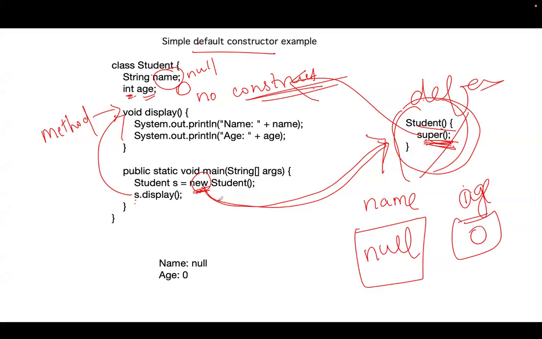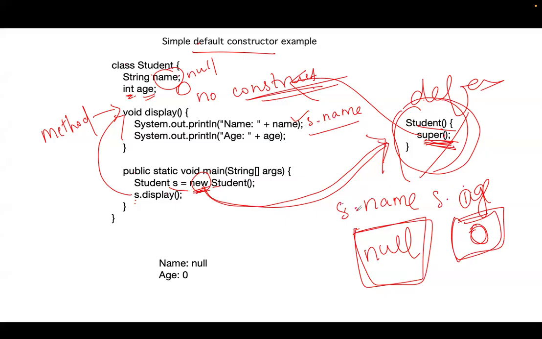Now it comes to the next one, s.display. It calls the method display. System.out.println name is name. Name here means s.name. What is there in s.name? By calling the constructor, we had null and 0. Can you hear me? Yeah, sorry, my mic was unmuted.